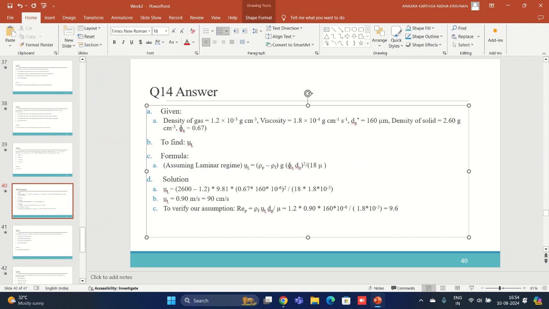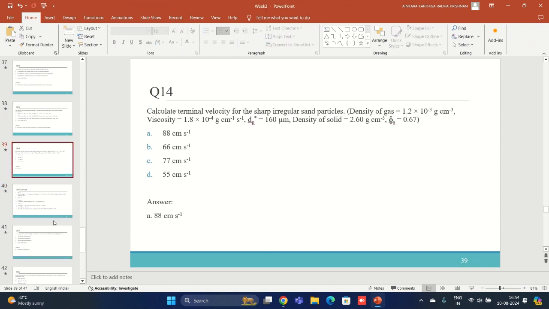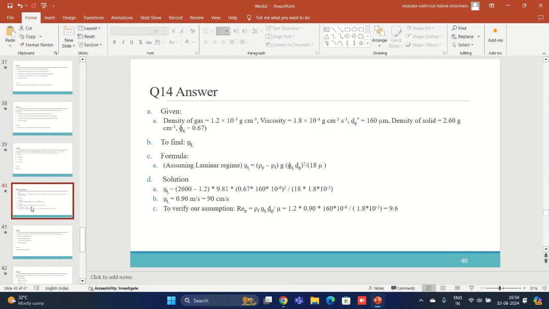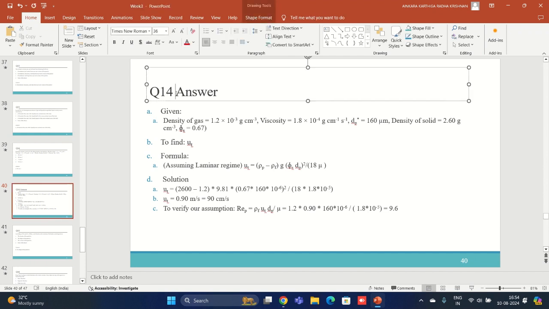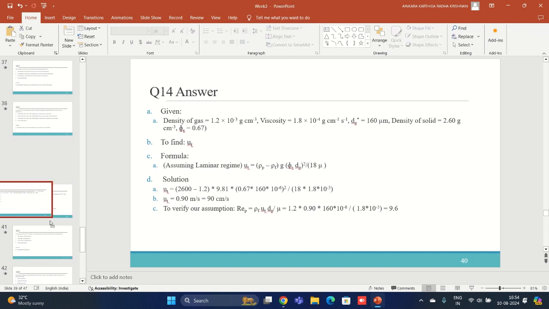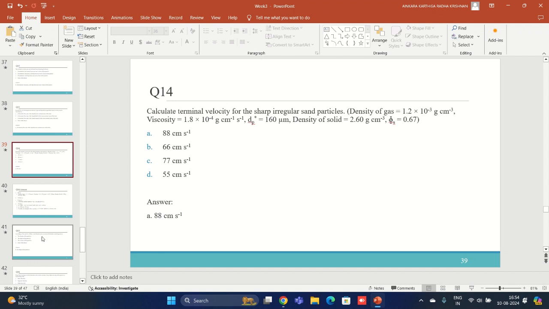We are getting 9.6, so it is close enough and therefore our assumption is right. So 90 centimeter, or 88 centimeter per second, is the right answer. So that is question 14, and now we will go to question 15.